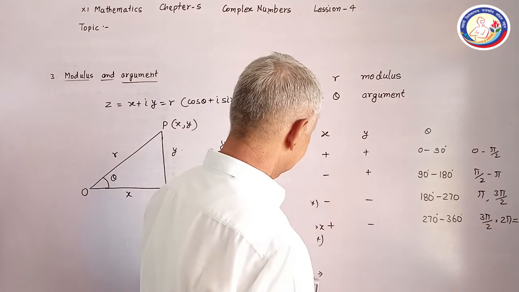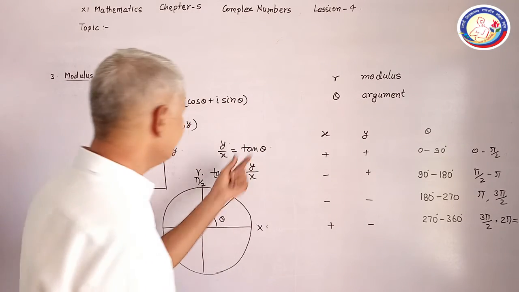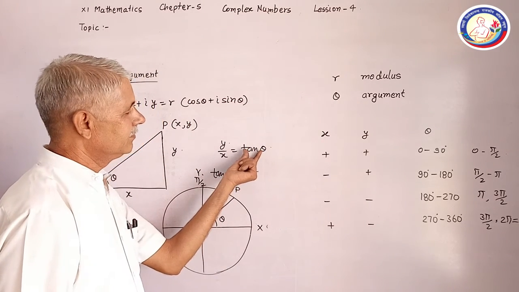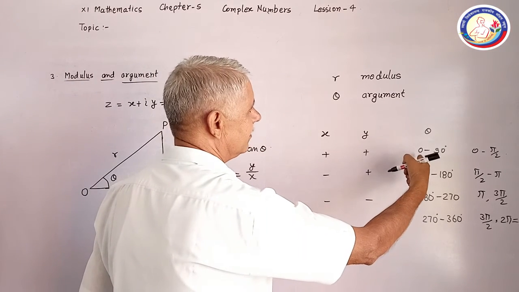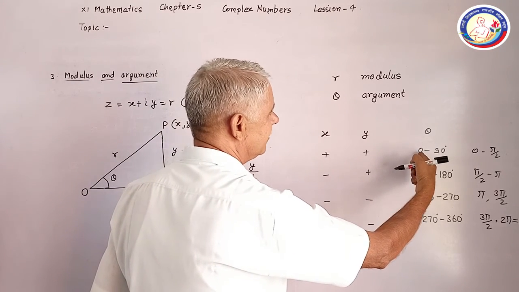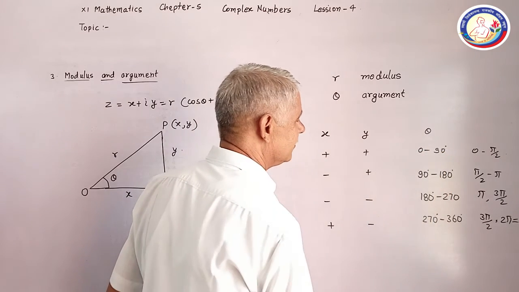So let us see here again. If both are positive, then we will have the values in the first quadrant, and it means the angle is between 0 degree to 90 degree. 90 degree includes this.